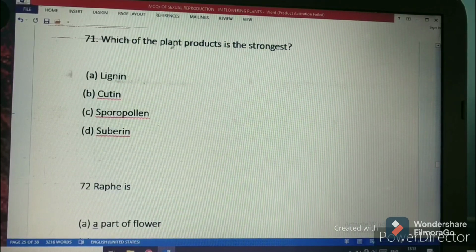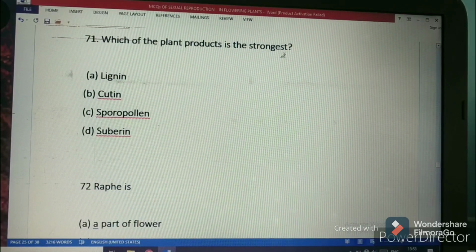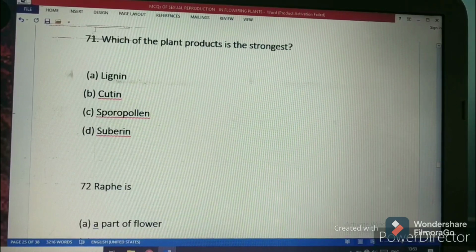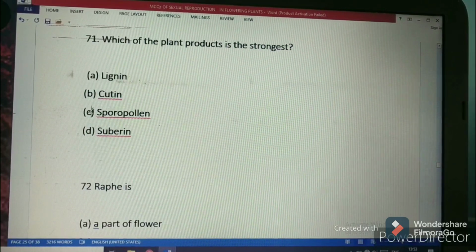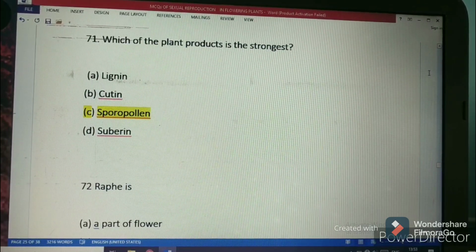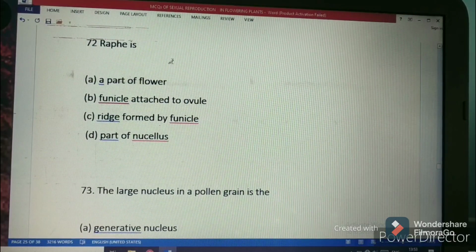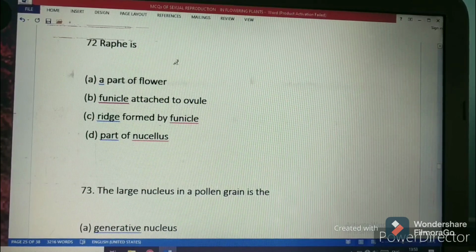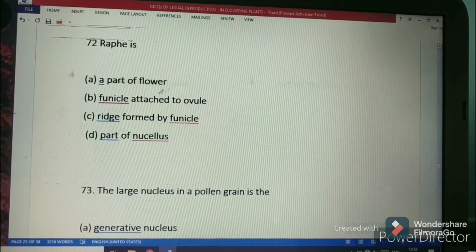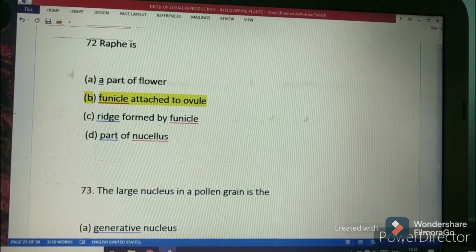Which of the plant products is the strongest? Sporopollenin. Raphe is a part of the funicle attached to the ovule. This is the correct answer.